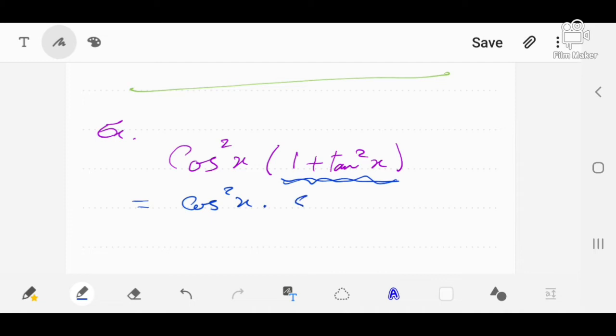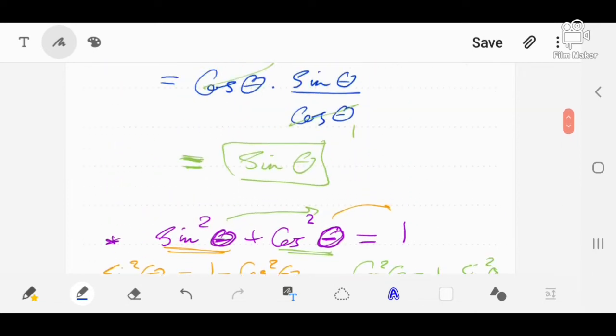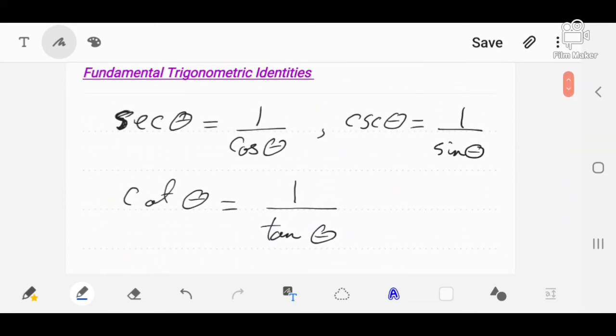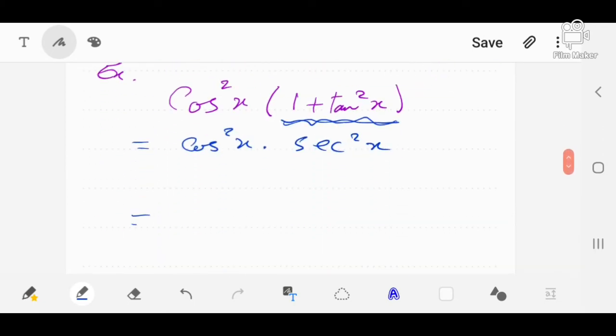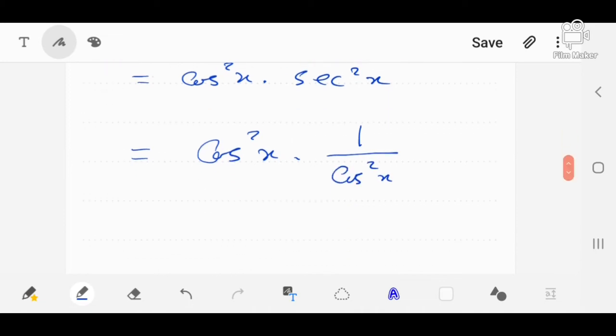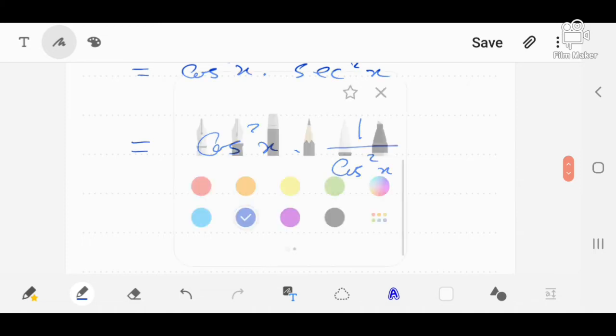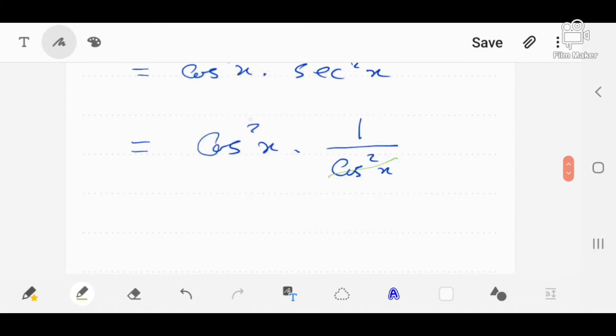And we also know that secant is equal to 1 over cosine. So you can replace secant squared by 1 over cosine squared x. So this will be cosine squared x times 1 over cosine squared x. You simplify cosine squared with cosine squared, and the answer will be equal to 1. So this whole expression is actually equal to 1.